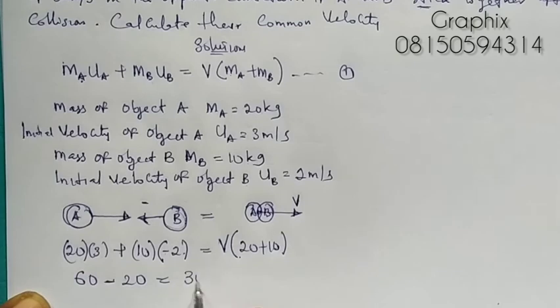We have 30V. So 60 minus 20 is 40, equals 30V. Divide both sides by 30.